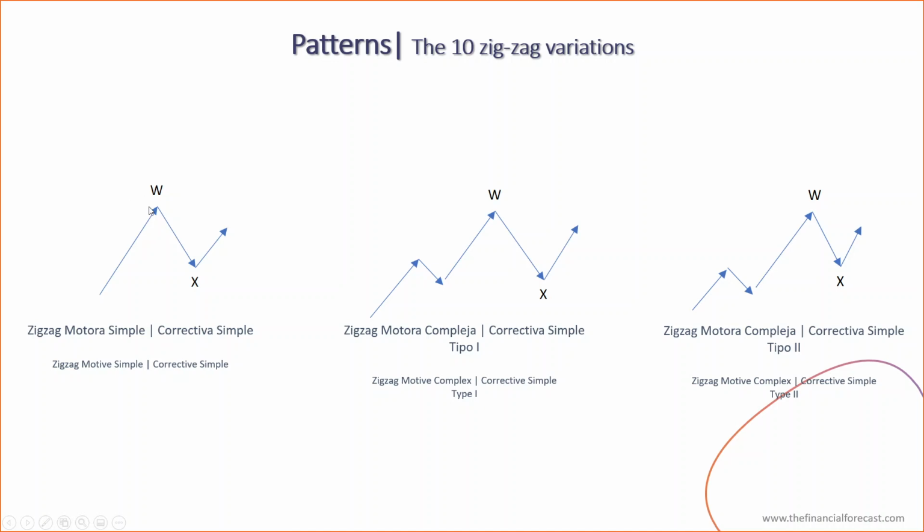It's a very simple pattern, and of course, we will find more of these patterns in all the different instruments. Let's say we will work later with the pound dollar, but this is applicable to any financial instrument. So we have this simple pattern, and we will find more.